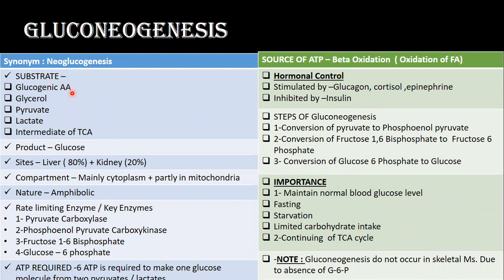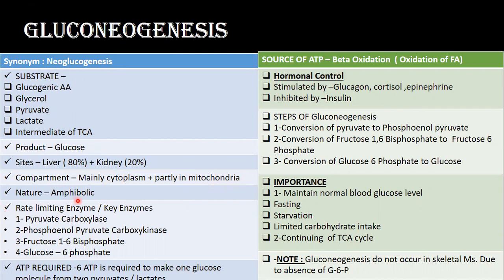Its substrates are glycogen, amino acids, glycerol, pyruvate, lactate, intermediates of TCA cycle, and propionate might also come. Its product is glucose. Its site is liver, which is 80 to 90%, and the other major site is kidney. The compartment is mainly cytoplasm, but partially it is in mitochondria also.